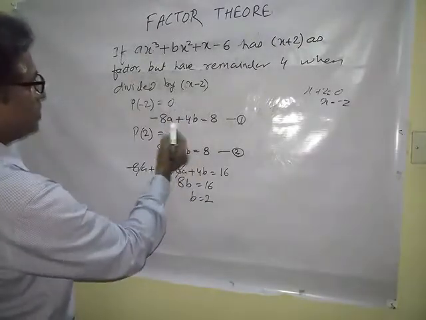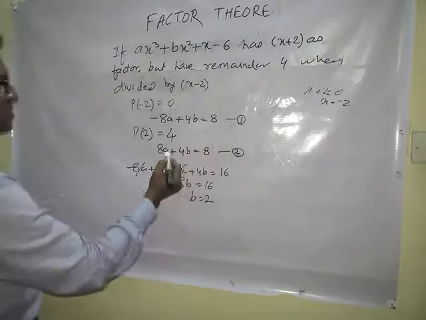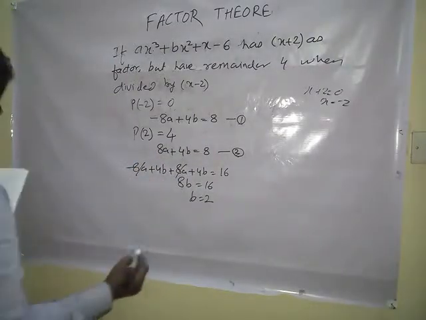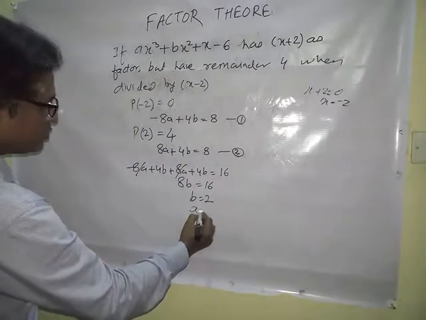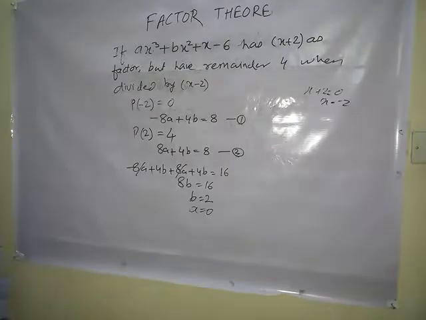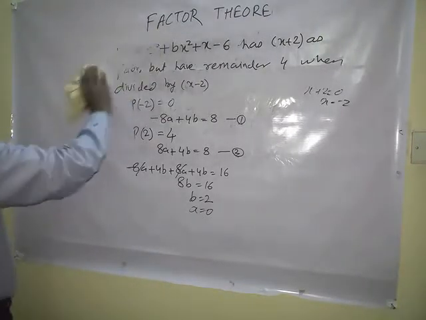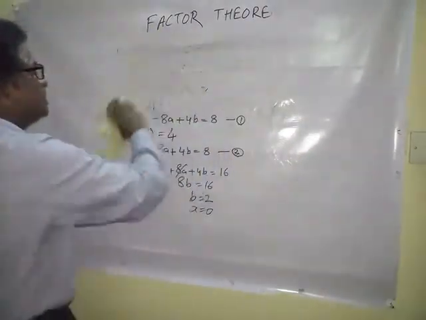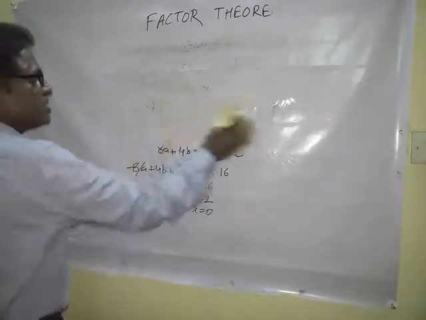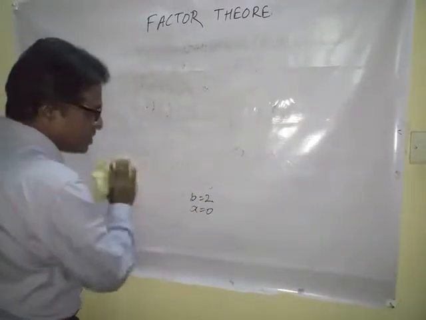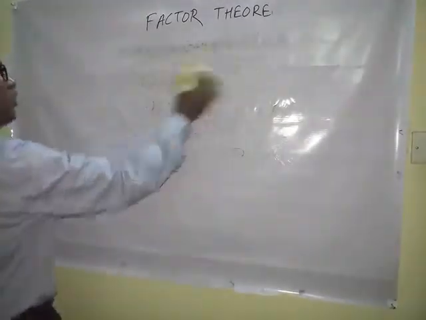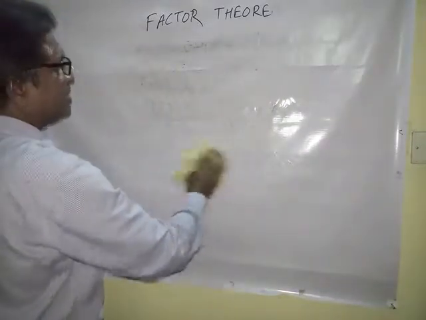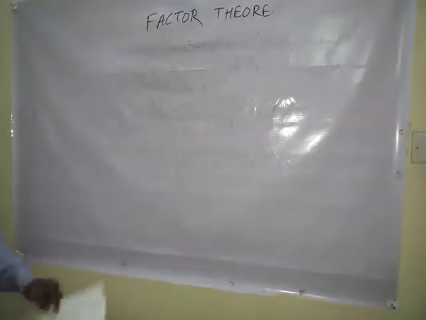You can put the b value in any of these two equations and you can find out the value of a, which will be equal to 0. So that is another twist and a good example, because in this it was given that one polynomial is divided by another linear polynomial and having a remainder 4. Every time we are not just equating to 0.